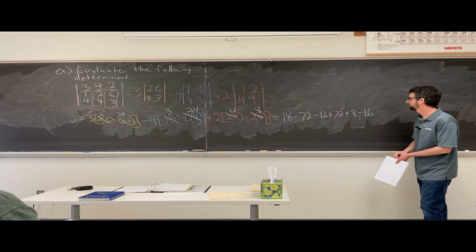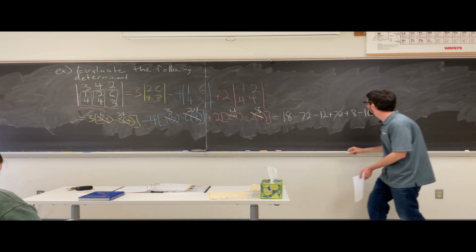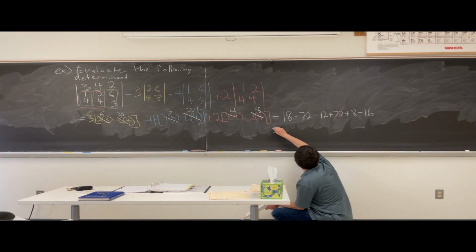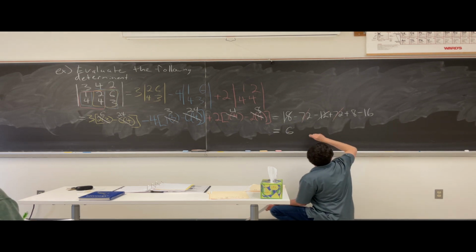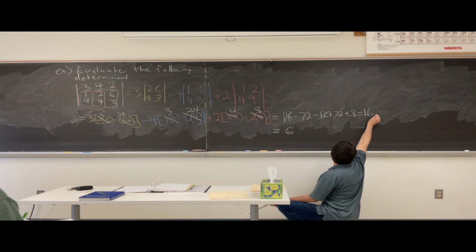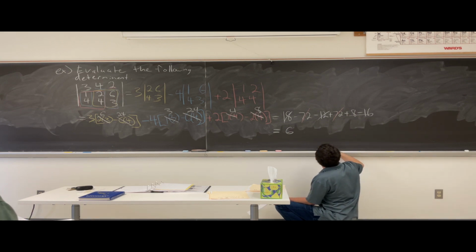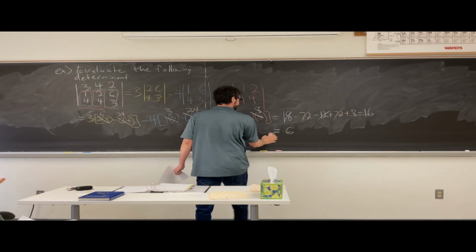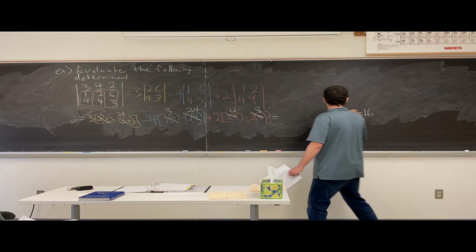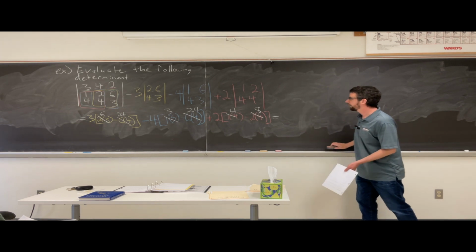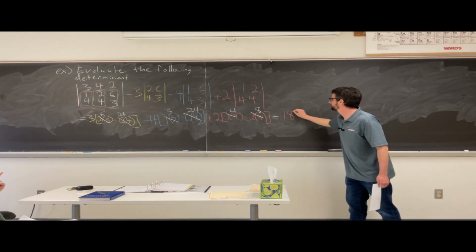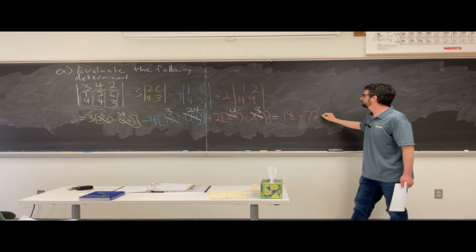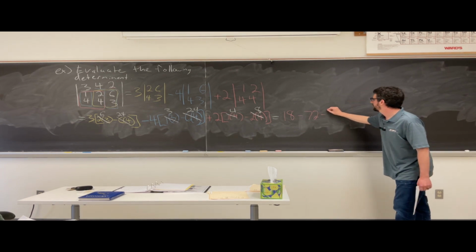I got 22, I think. I got 22 when I did it out here. How the hell did I do that? Wait, oh, because it's minus 12. And I think you did 12 plus 8. Oh, I did that. So 3 times negative 18, right? It's negative 56. Right?